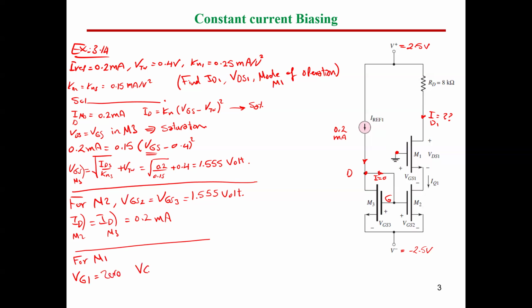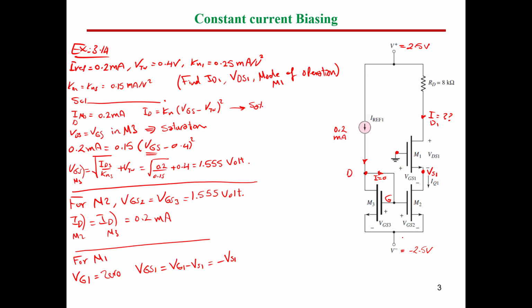So VGS1 equals, you know that VGS equals VG minus Vs. So it's going to be minus Vs1. So the volt VGS1 will be negative Vs1, which is, this is Vs1. So this point here is Vs1. How to get Vs1? We can get Vs1 by means of applying Kirchhoff's voltage law here in this branch.